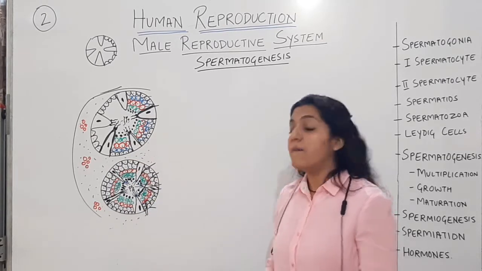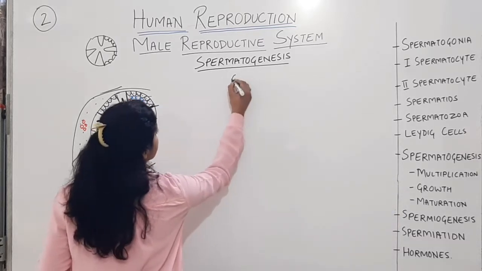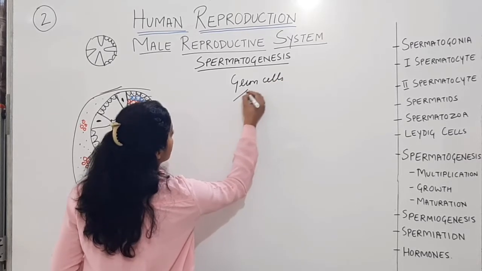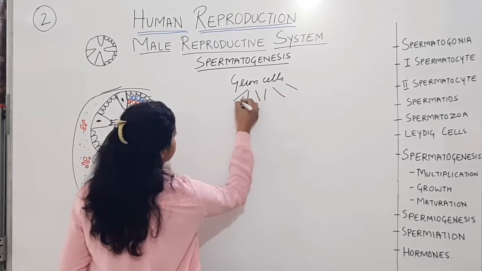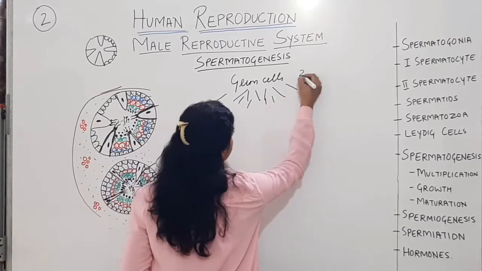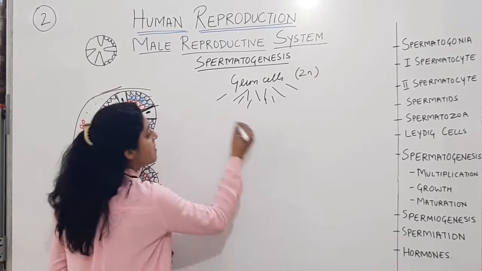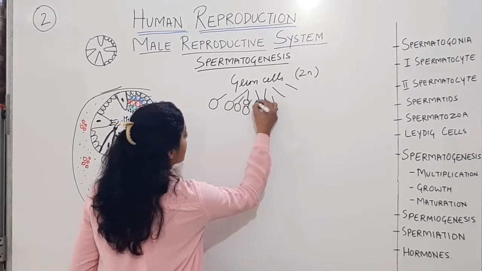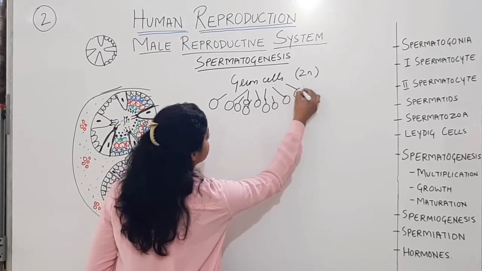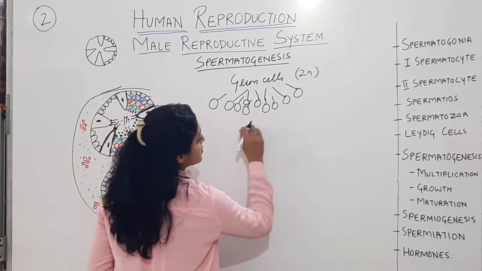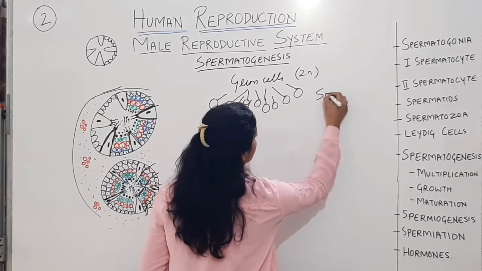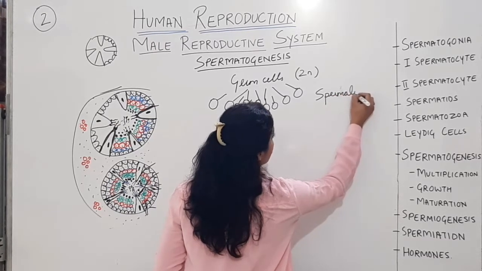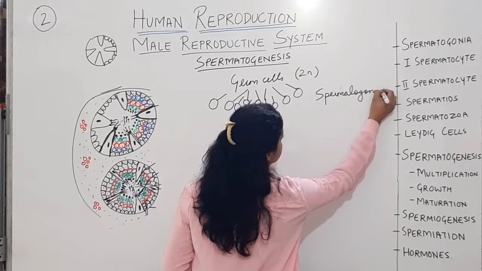Now let us start. We have seen that there are germ cells. These germ cells undergo a lot of multiplication division. Germ cells will remain diploid. They make a lot of spermatogonia, or if I have to write it singular, I will write spermatogonium.